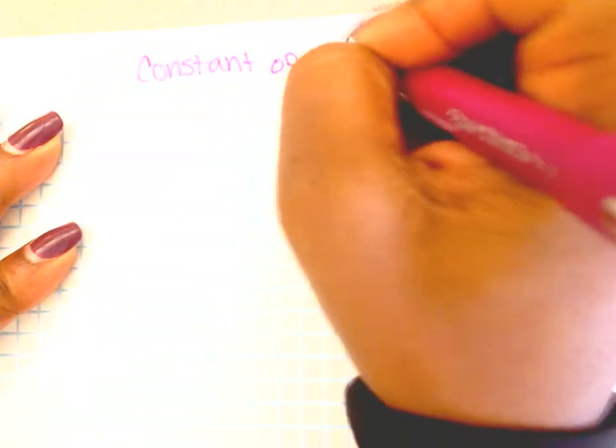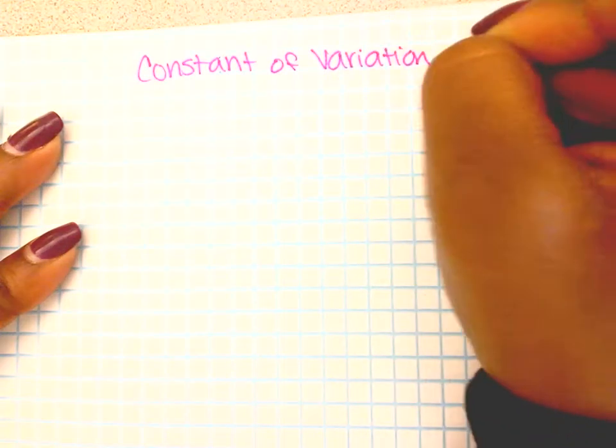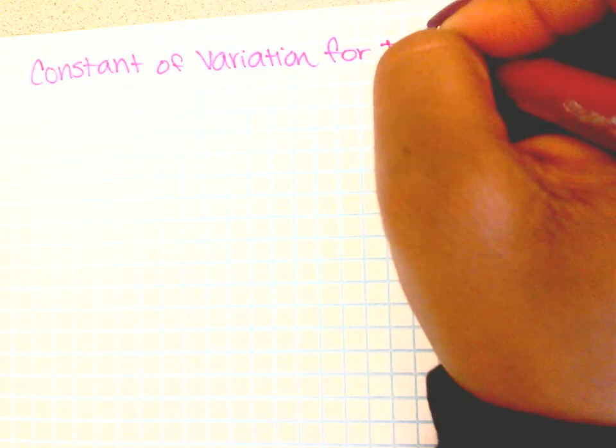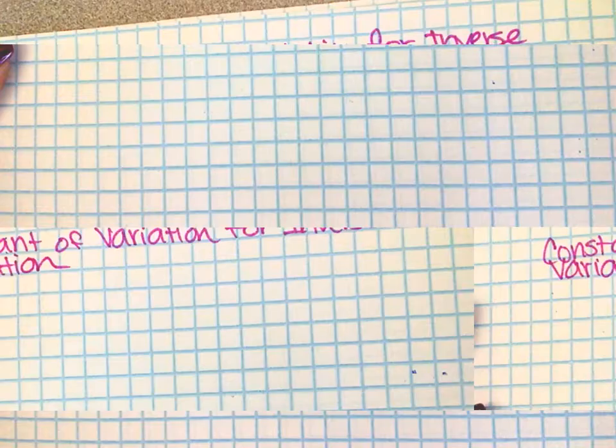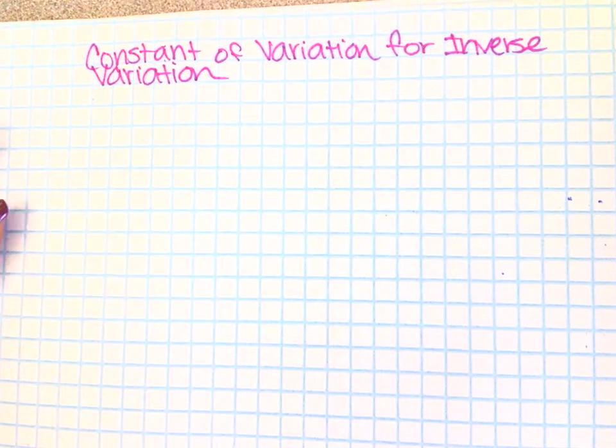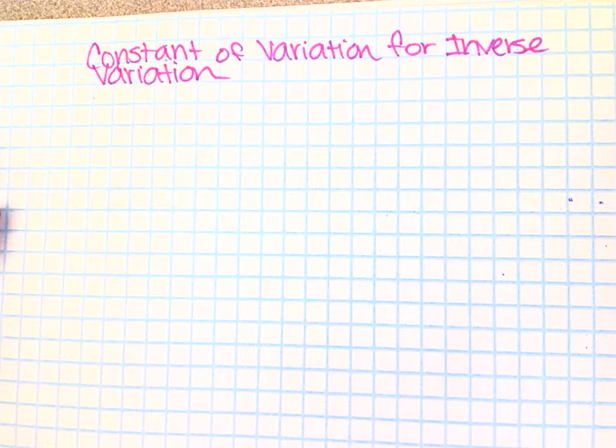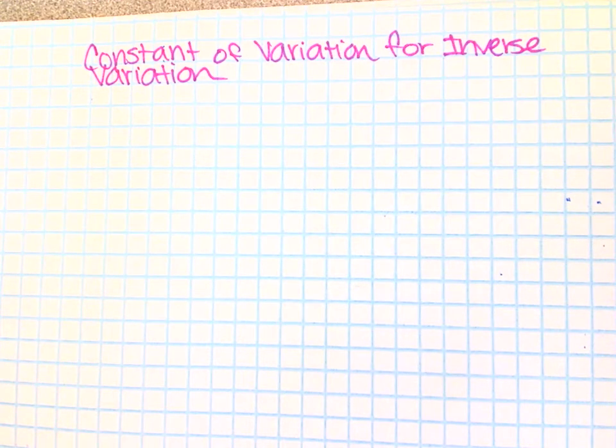Okay, we have constant of variation for inverse variation. Kind of a long word phrase. So we know what the constant of variation is. Now we need to know the constant of variation for an inverse.